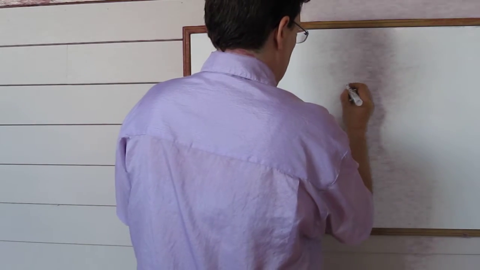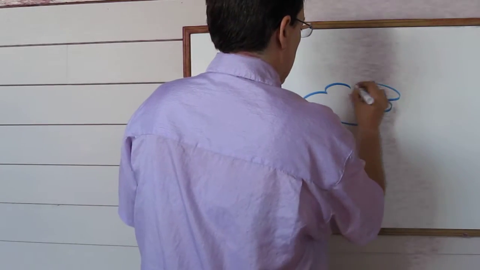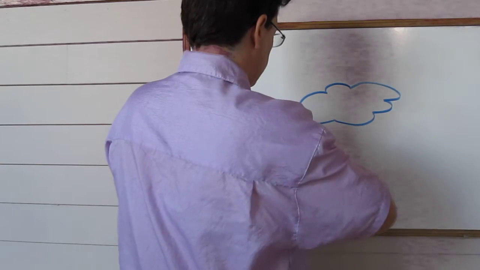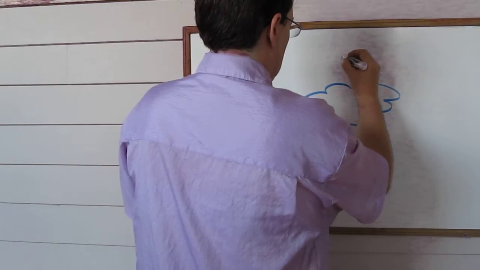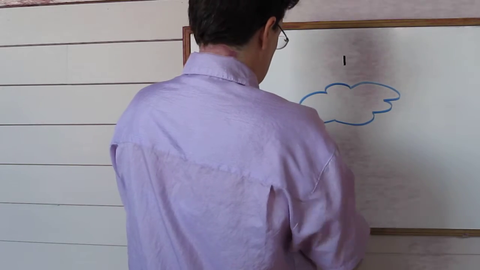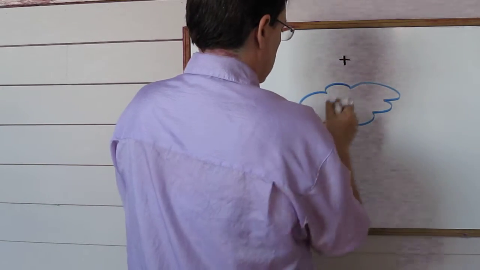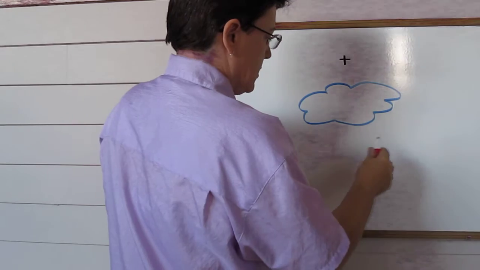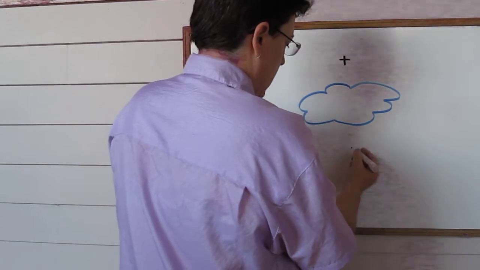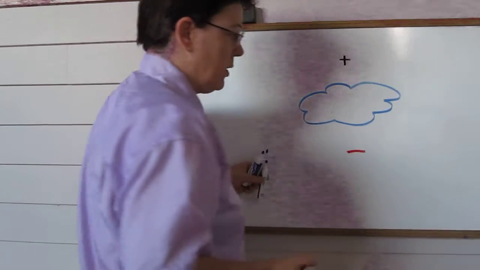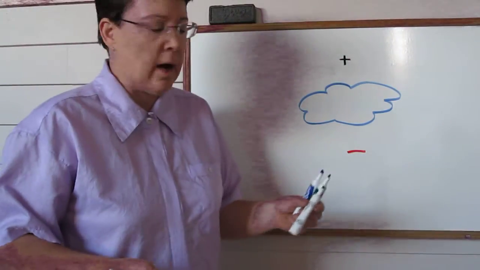So it's very, very elementary. The positive charge builds up at the top. Gradually over time, as the cloud moves through the atmosphere, it picks up friction, and there's a negative charge that stands below the cloud.